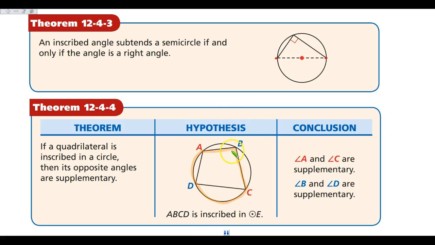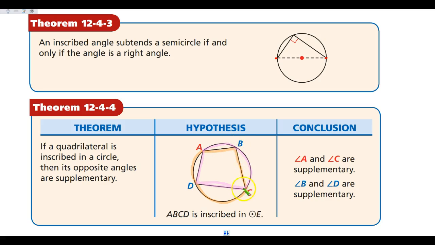If I look at the angle that is opposite it, angle B, angle D, so angle D is across from angle B. Here's angle D. It hits this arc. Now, those two arcs together are going to add to the full circle. They're going to add to 360.